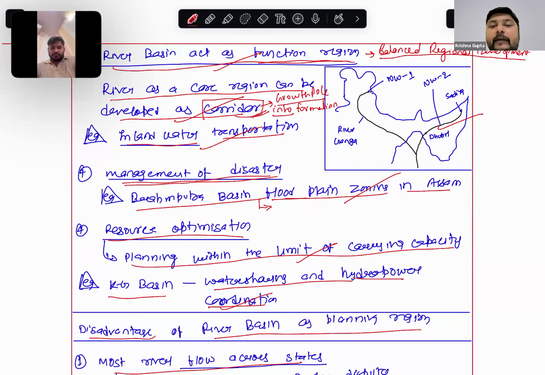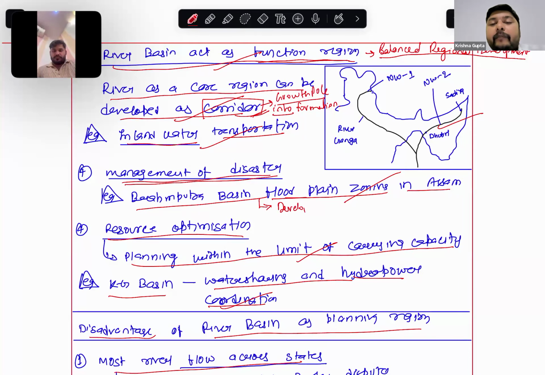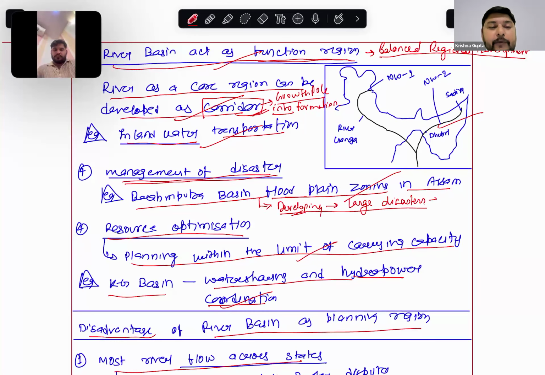Because we are a developing country, from the disaster management perspective we are currently developing. As we are in the developing phase, we have large disasters. This is also provided here, and we have also done the floodplain zonations. So this provides us a very good aspect here.